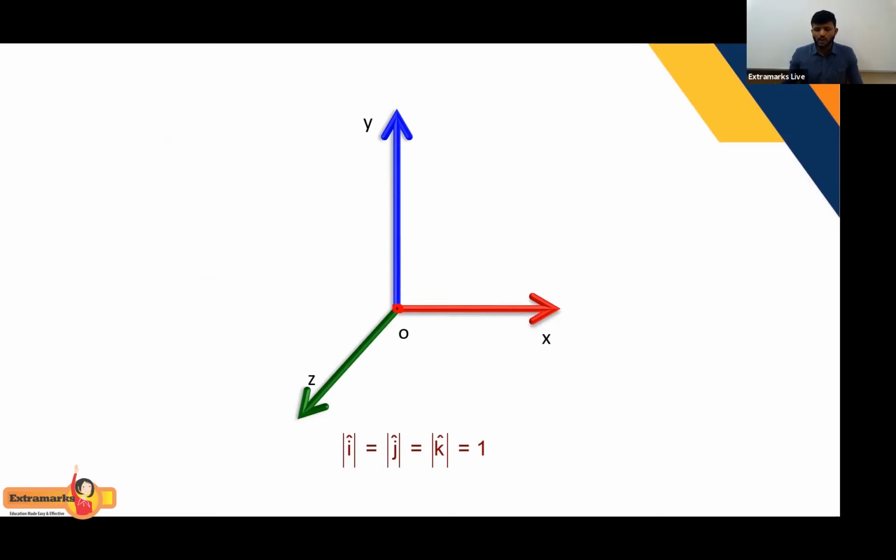So along x direction I am representing I cap, along y it is j cap, and along z it is k cap. Remember, I cap is the unit vector along x direction, j cap is the unit vector along y direction, and k cap is the unit vector along z direction.